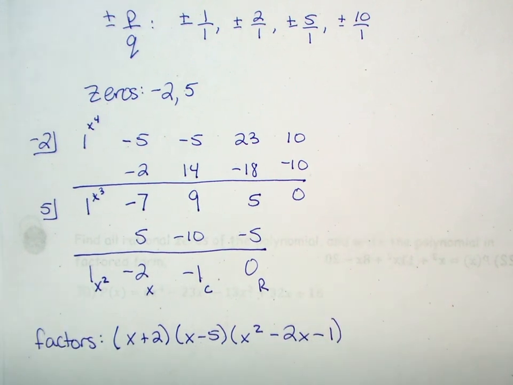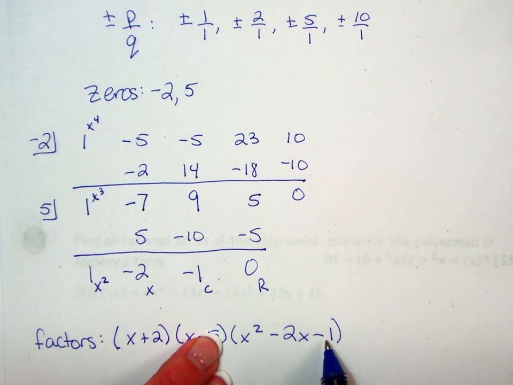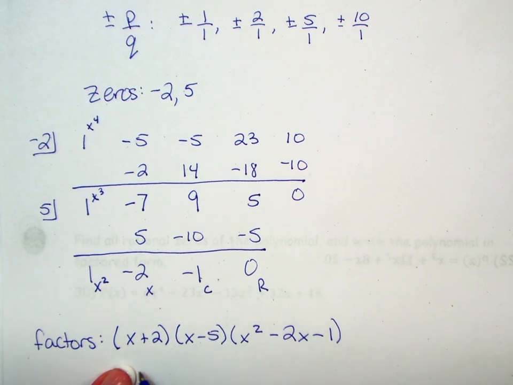Okay, so if it asks for the factors, as long as none of these factors factor anymore, then you're done. So x squared minus 2x minus 1 does not factor. There aren't any numbers that multiply to -1 and add to -2. Okay, so this is completely factored because none of the factors factor any further.